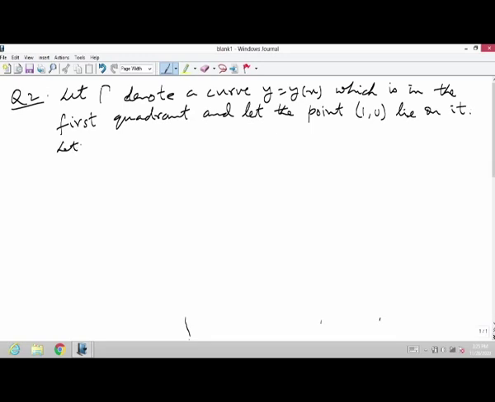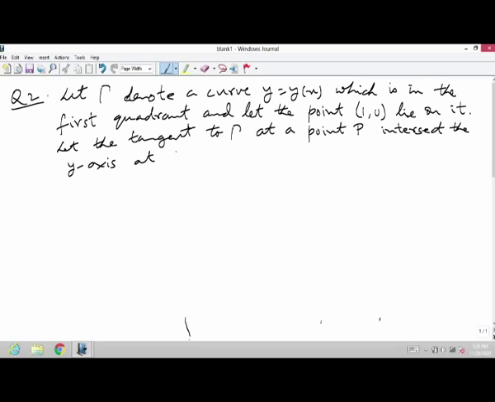Now, let the tangent to gamma at a point P intersect the y axis at point Y_P.